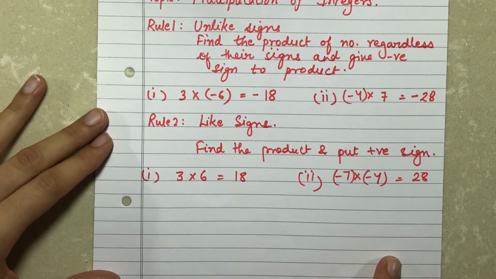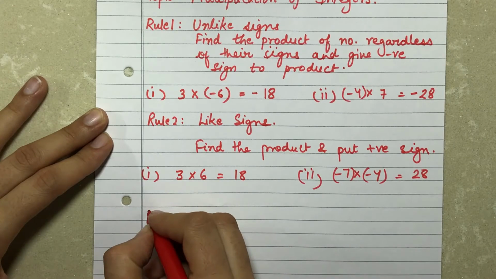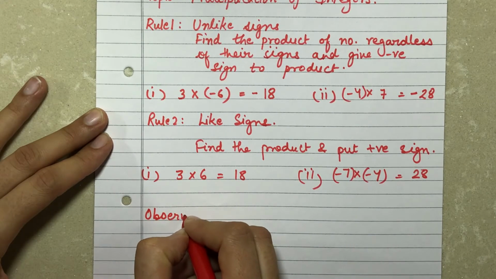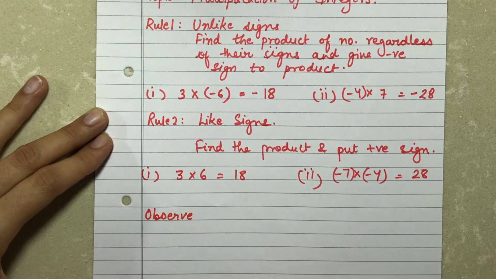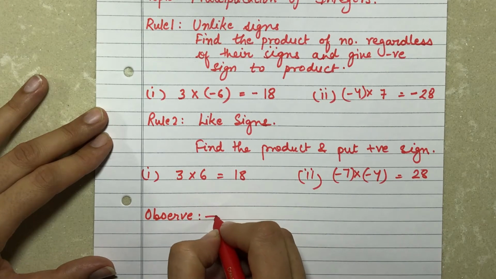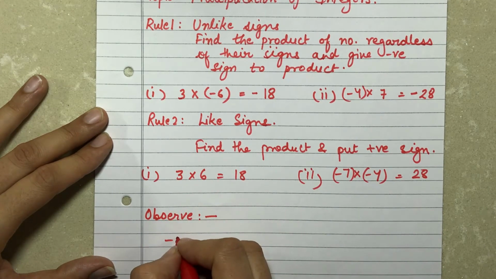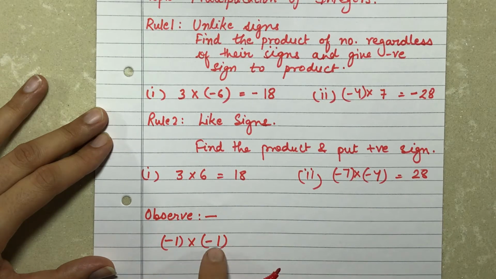Now there is one important thing to observe in the multiplication of integers. If I have minus 1 into minus 1, being like signs, what will I have as the answer? Positive 1. Now if I have minus 1 into 1, what is the answer going to be?